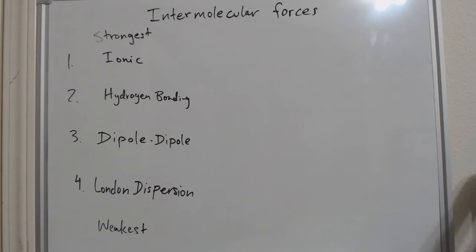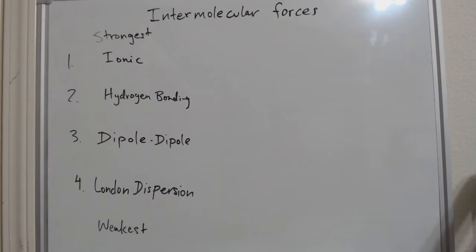One of them gains the electron, the other one loses the electron. So of course, having the strongest charge, all the molecules will be attracted to one another very strongly.